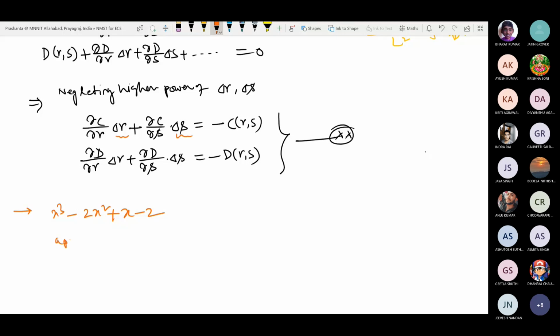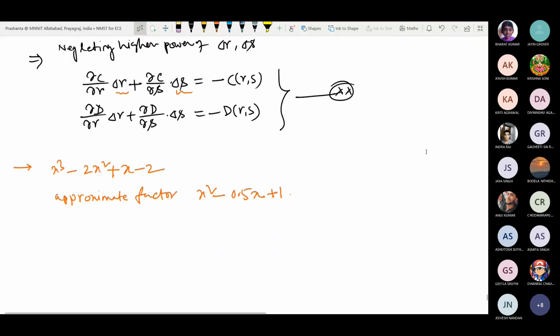The approximate factor we had chosen is x square minus 0.5 into x plus 1. In each step we have to modify this. In each step our aim will be to improve it, and we'll keep on improving until we see no significant changes in two consecutive iterations. So let us do this.